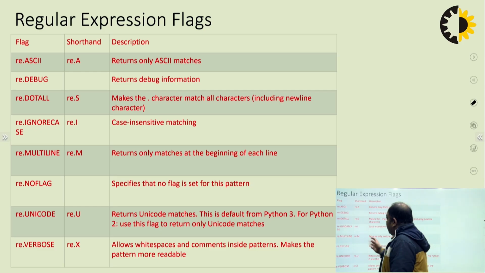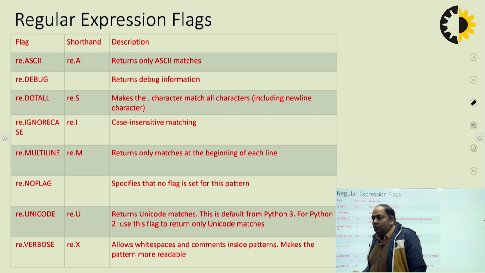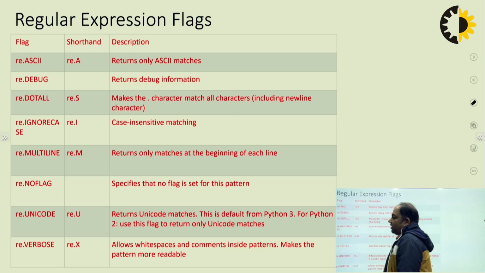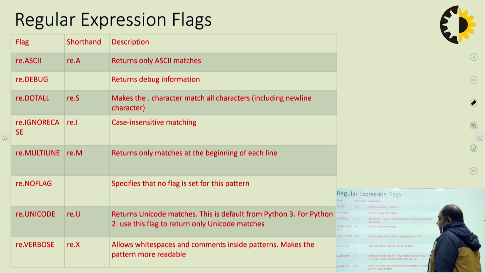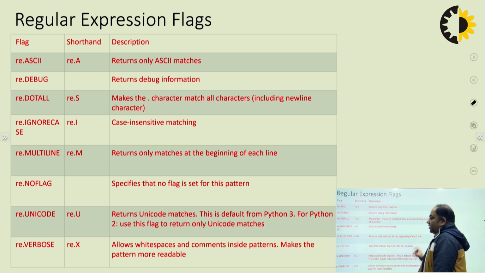So if we use ignore case, it means insensitive. Whether my name is in capital letters or small letters, it doesn't matter. If we use multi-line, like in an address, then we use re.M, if we want our characters or sequence to be in more than one line.